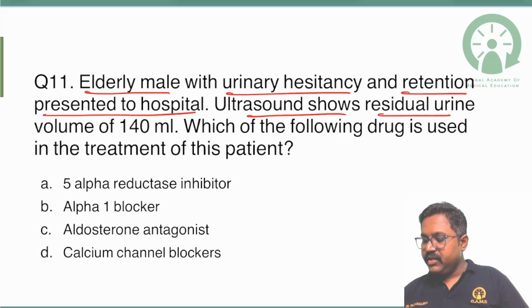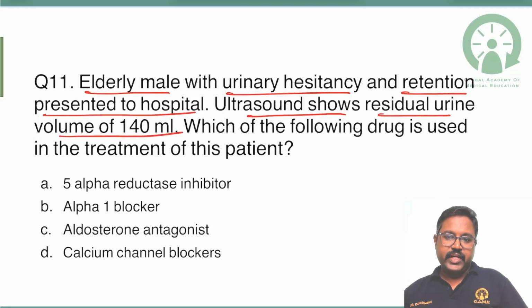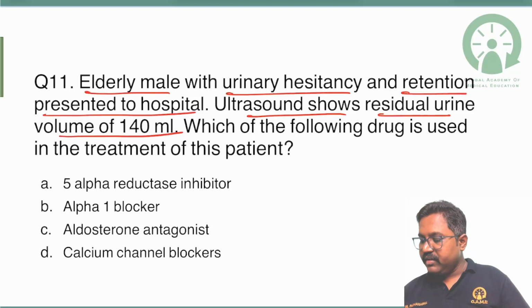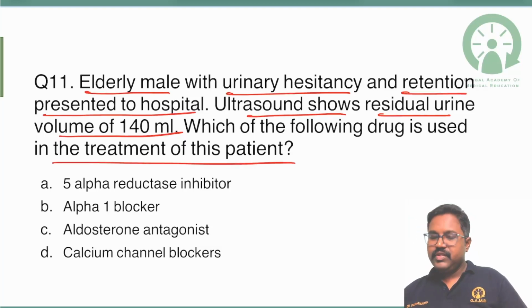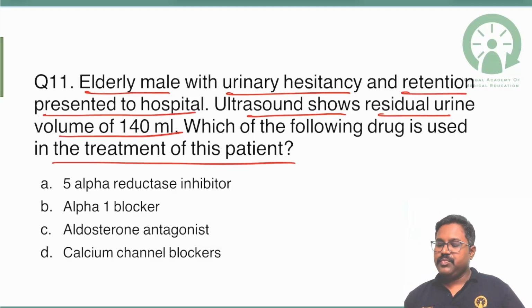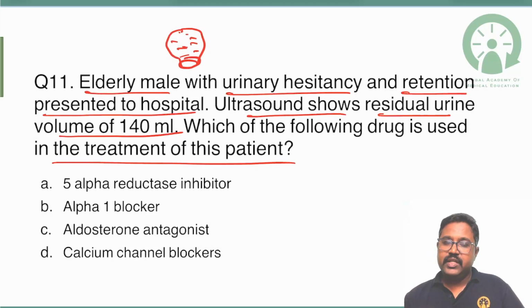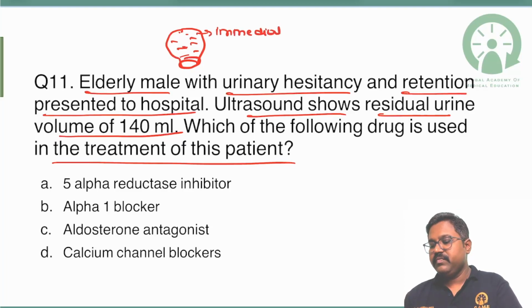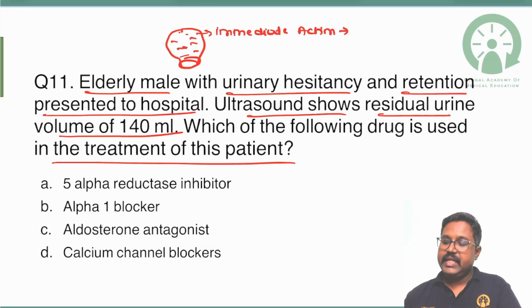Ultrasound showed a residual urine volume of more than 140 ml. So which of the following drugs is used in the treatment of this patient? If they give such an option, treatment of choice, probably since there is an increased volume in the bladder, what will be your immediate action?